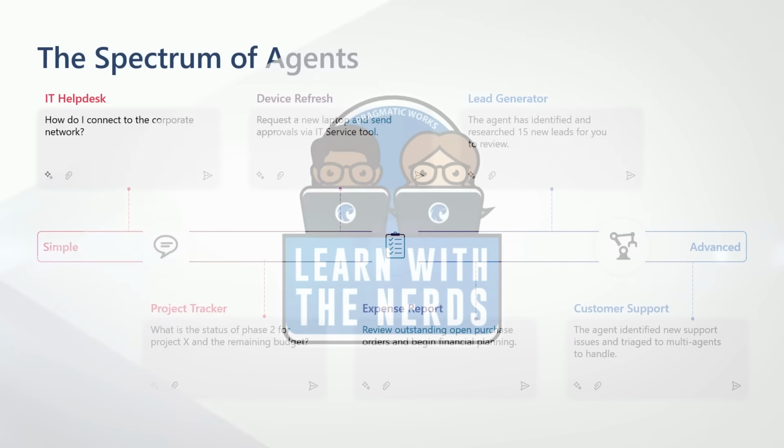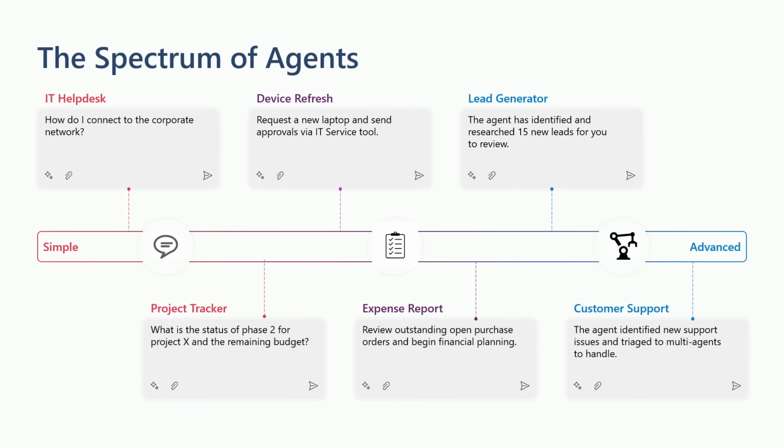Now, here are the spectrums of the three different types of agents that we have with Copilot Studio now. Again, starting with your more simple, more retrieval style of agent, moving into the more advanced as we jump past the task orientation. So a very simple agent that we have with Copilot Studio is something like an IT help desk, where we simply ask questions within the chat experience.